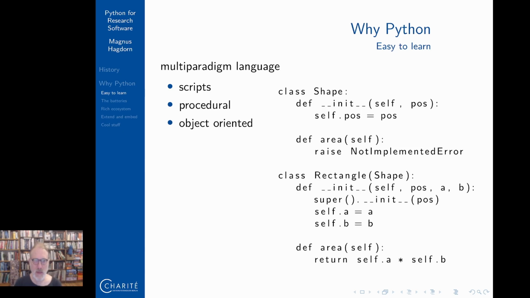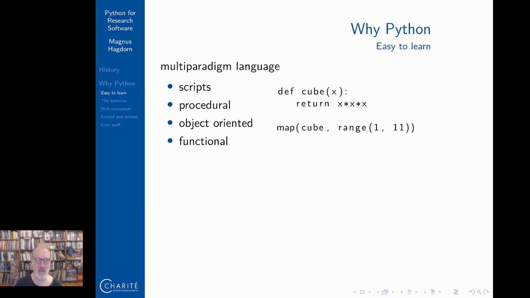You can also program Python using an object-oriented paradigm. So you can define classes with open recursion, inheritance, dynamic dispatch, and so on. All the good things that you would expect from an object-oriented programming language. Finally, it has also some functional programming approaches. So you can mix and match these things, and the big thing there is it allows you to grow.